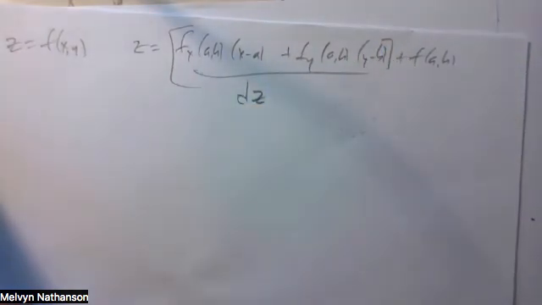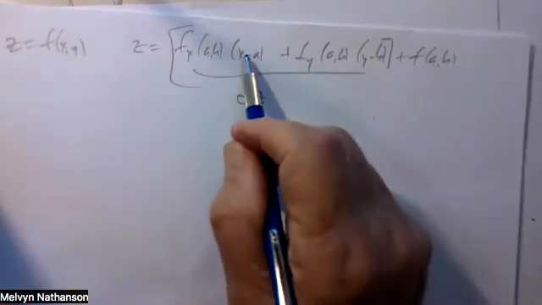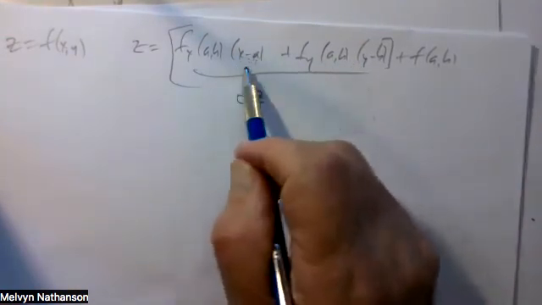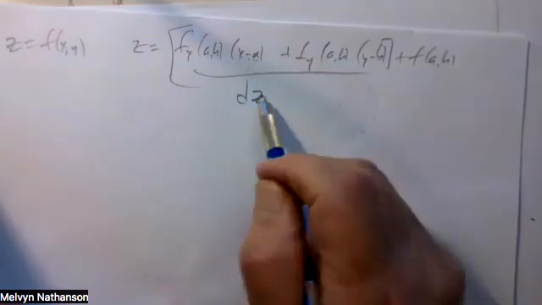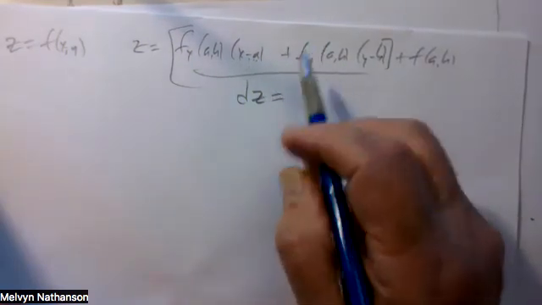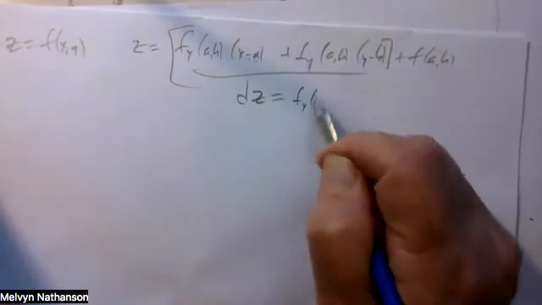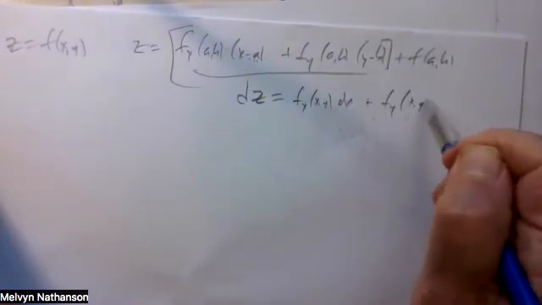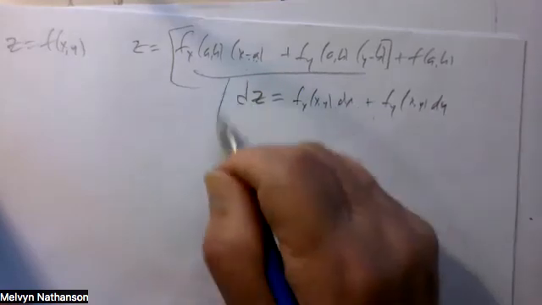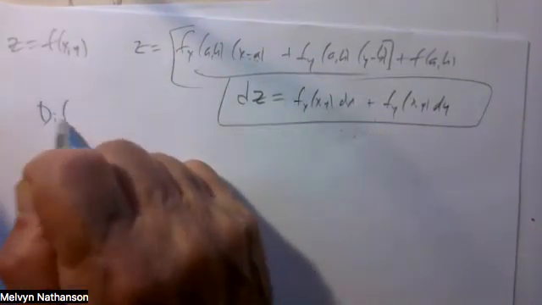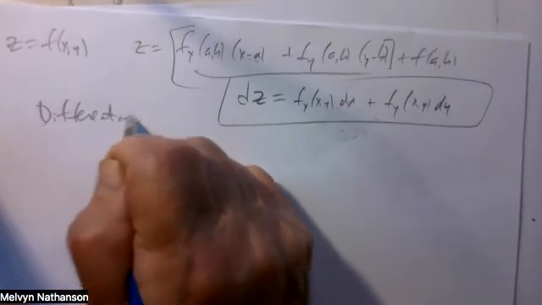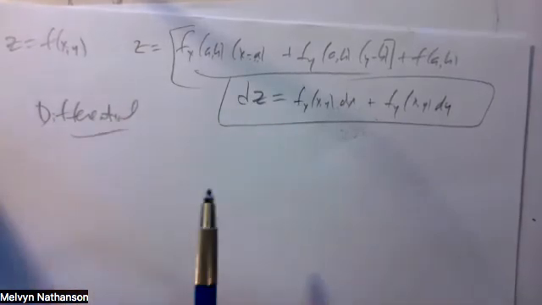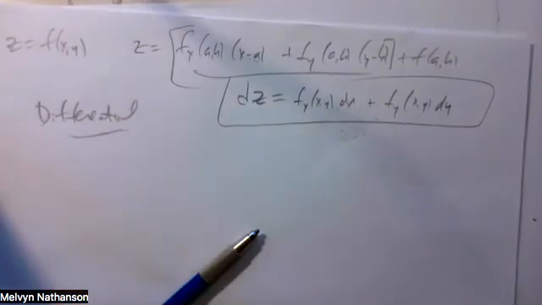You sometimes write dz is f sub x at x, y dx plus f sub y at x, y dy. This is something called the differential, which for us is not particularly important, but it's useful to know what it is and to see it.